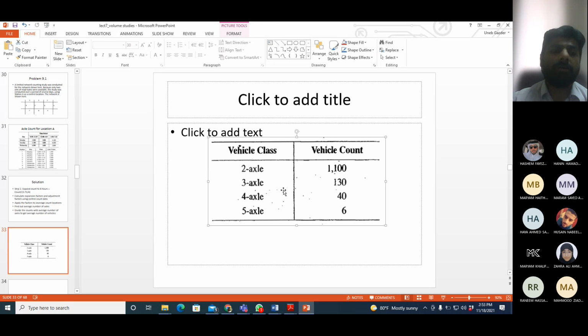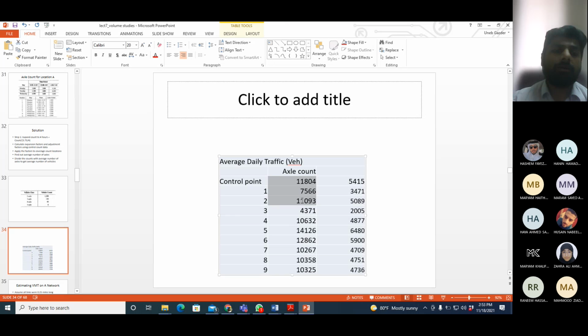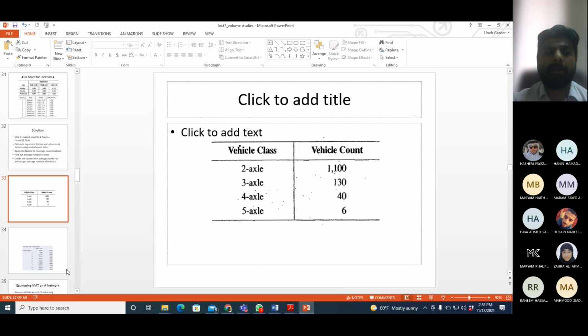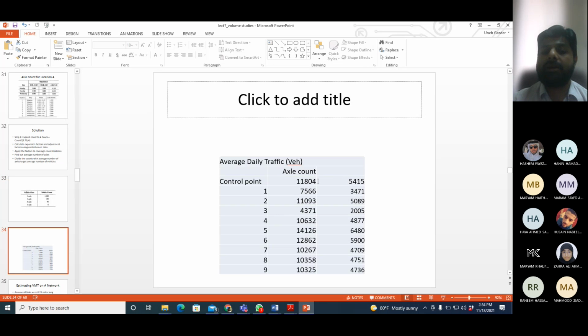Then you see here, these are the values for average 12-hour counts after multiplying and dividing with all the factors, for each location. You take the number divided by the number of axles per vehicle. It will convert it into number of vehicles.